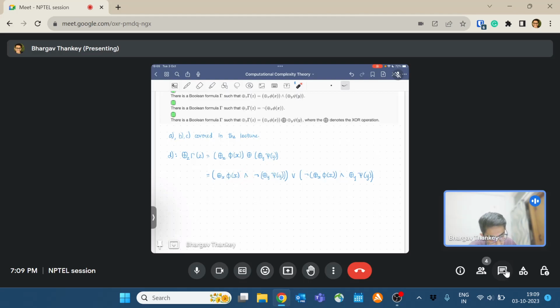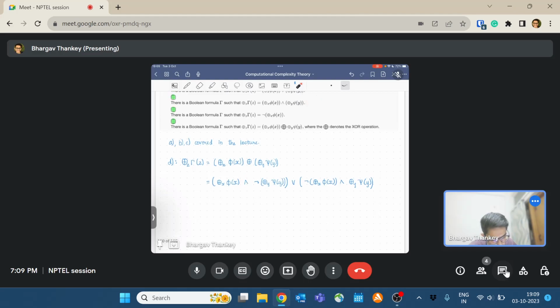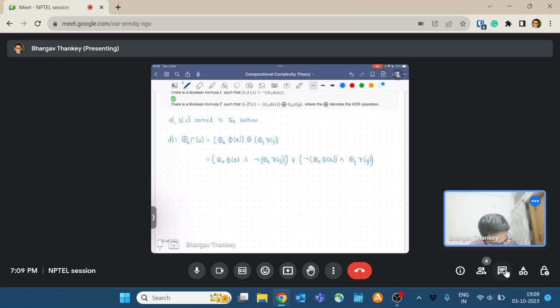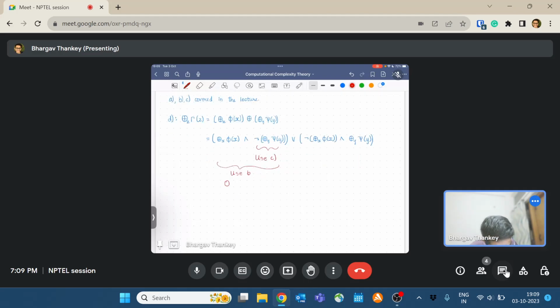For this we can use construction B. So by using constructions C and B, we can get this formula. Okay, let me write it. Use C, and for this use B, and let me call this gamma 1.